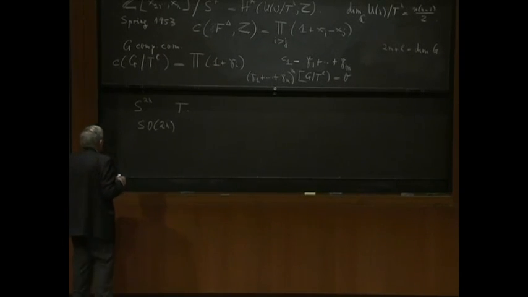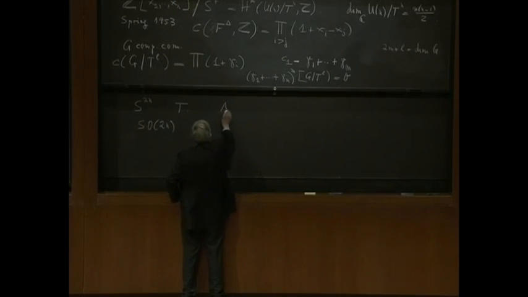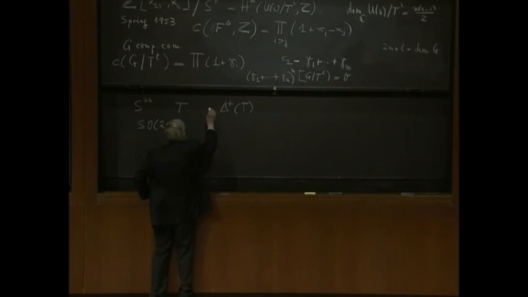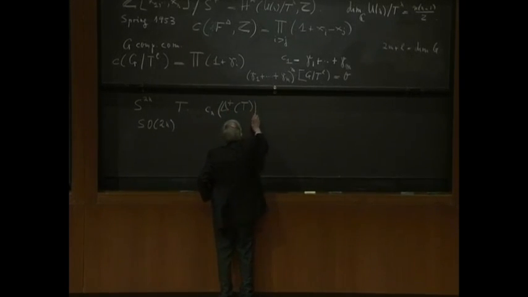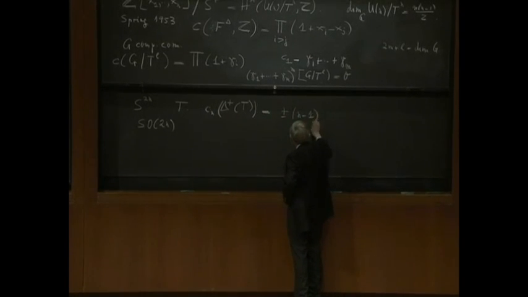And to this we can apply the positive spinor representation. So then we get a vector bundle, delta plus of T. And now we want to calculate the nth Chern class of this vector bundle. It turns out that this nth Chern class is exactly (n minus 1) factorial.